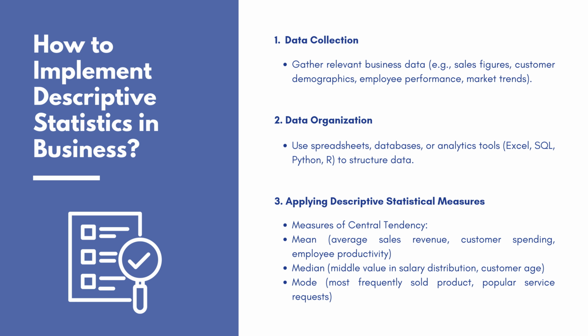How to implement descriptive statistics in business? First, data collection by gathering relevant business data. Second, data organization by using spreadsheets, databases, or analytics tools to structure data. Third, applying descriptive statistical measures, including mean, median, and mode.